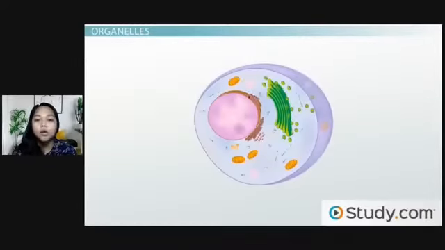Now, your ribosomes, on the other hand, ito yung ribosomes mo, itong mga tuldok-tuldok na yan, ito yung inyong ribosomes. Ito yung nasa question natin kanina, no? Yung function niya is for translation or the making of proteins. Some of your ribosomes can be freely floating in your cytoplasm.